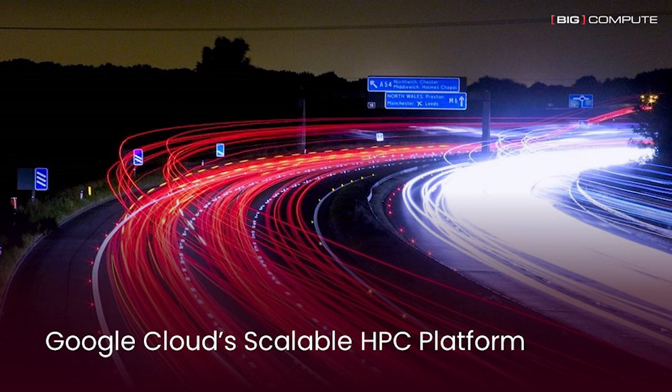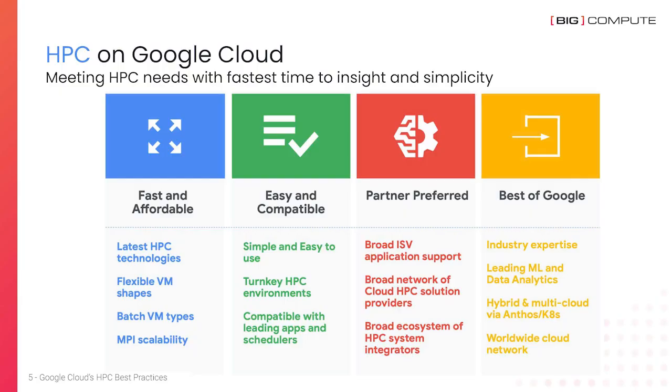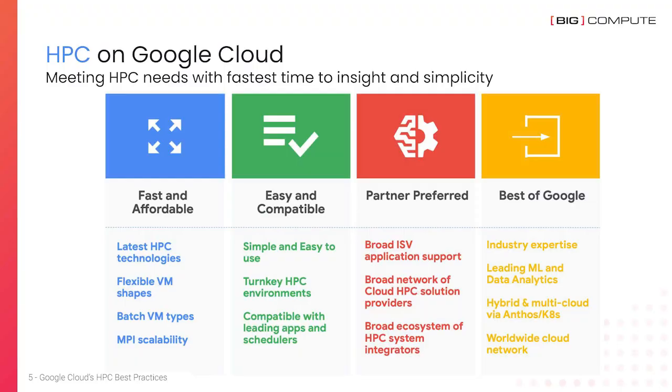Let me start by introducing Google Cloud Platform and our vision and strategy for high-performance computing. We have 4 key pillars when thinking about how to make Google Cloud a great place to run HPC workloads. First, we make Google Cloud fast and affordable, bringing the latest and greatest HPC technologies like CPUs and GPUs, and building technology for HPC-specific workloads like MPI scalability.